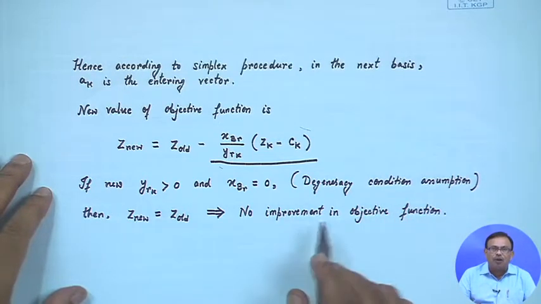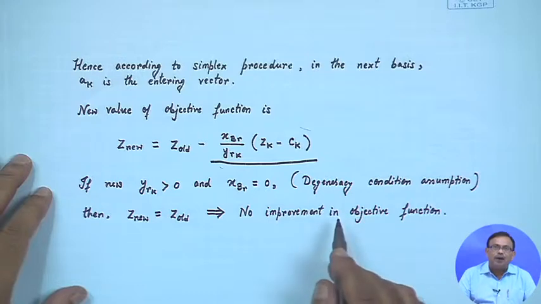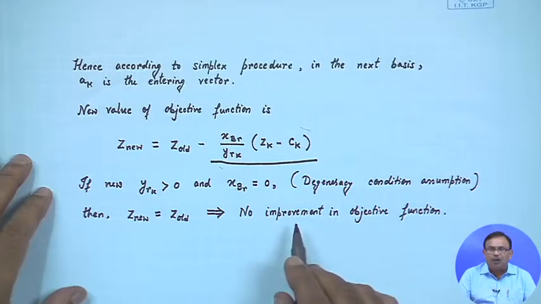Therefore, please note this thing, that usually degeneracy occurs due to redundant constraints, and whenever degeneracy occurs, it may happen that iteration after iteration you are not getting any improvement in the objective function.